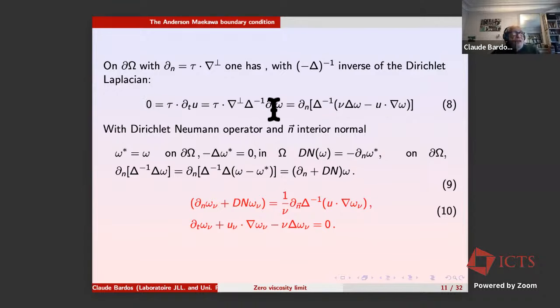And this equation is expressed as formula 8: the normal derivative of the inverse Dirichlet Laplacian applied to nu Laplacian omega minus u dot nabla omega. This thing should be equal to 0.